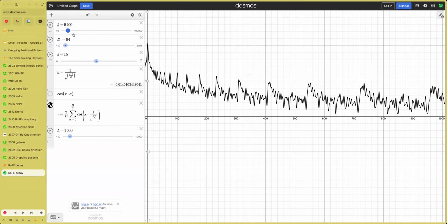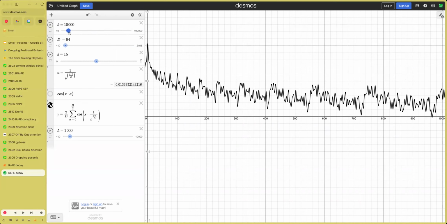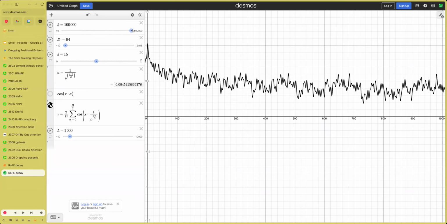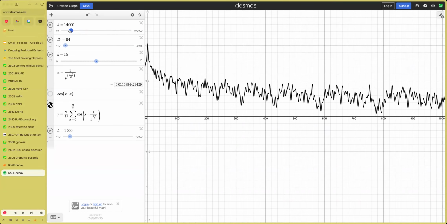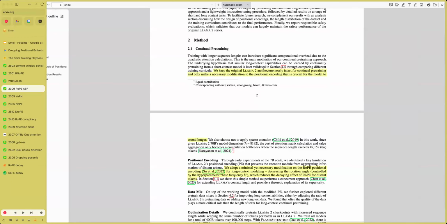This is all good, but this kind of decay helps us with short context, and this helps us with long context. So what they do in the paper is they first train with normal RoPE without this extended base frequency, and later when they go into continual pre-training and increase the context size, they adjust this base frequency and make this decay smaller.